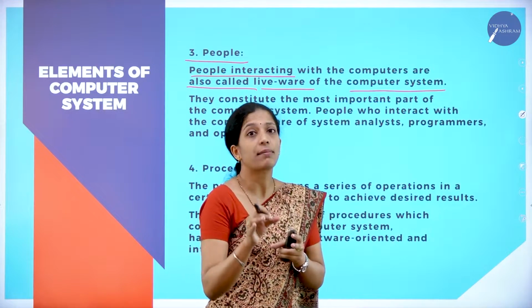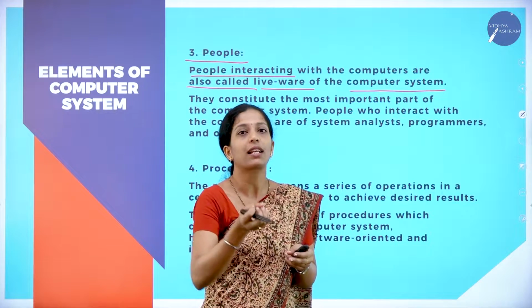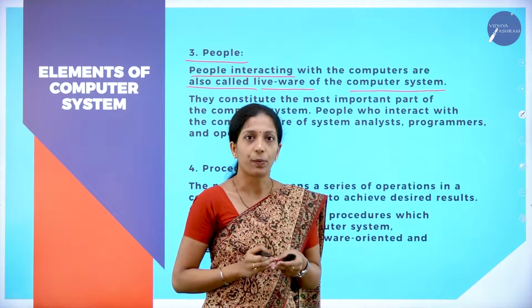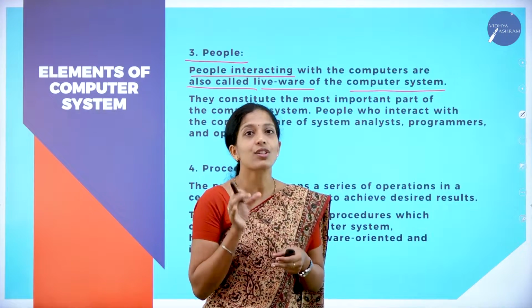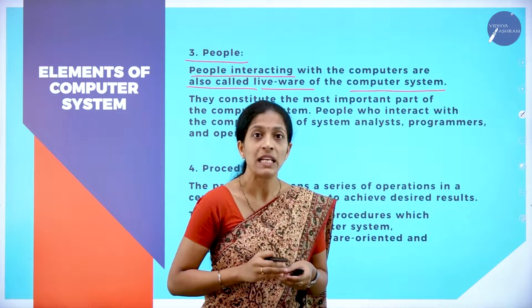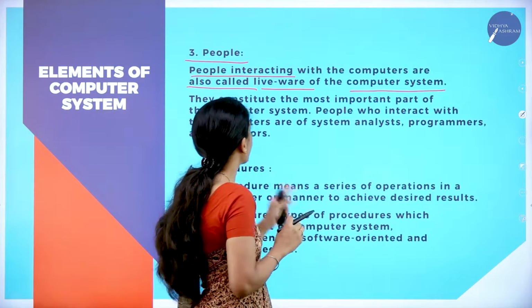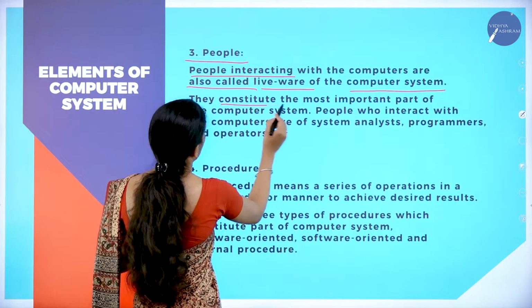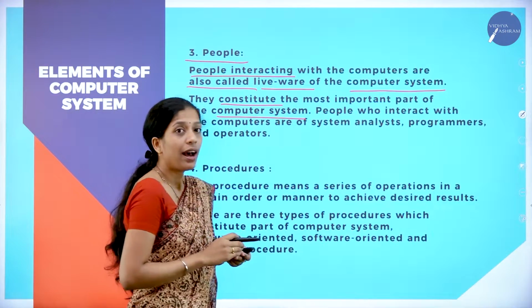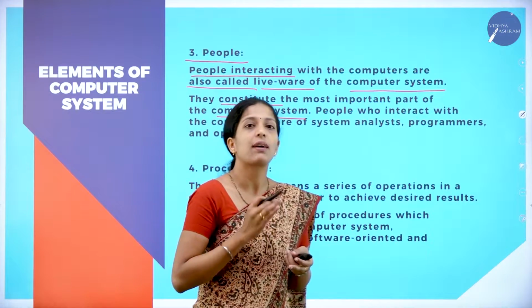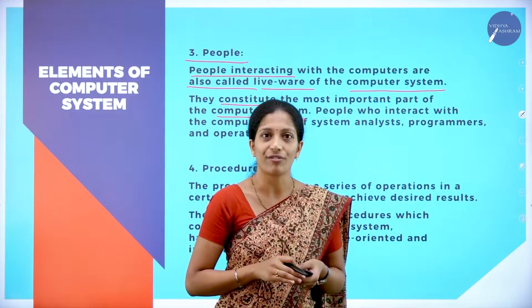I will feed some instructions to the computer so that it will process the output. Now, myself, the user of the computer system, is called people. They constitute the most important part of the computer system, because without instructions the computer does not perform any activity.